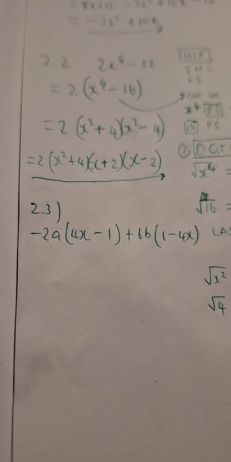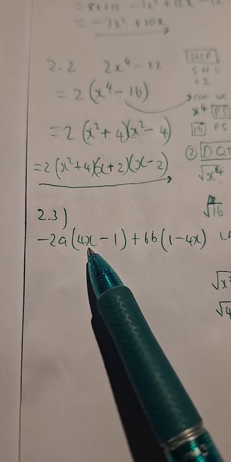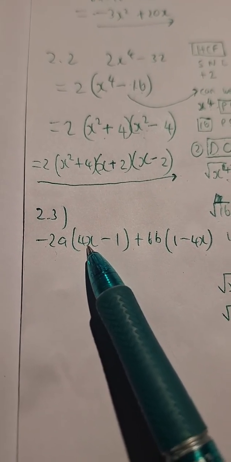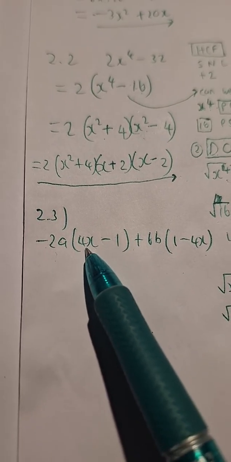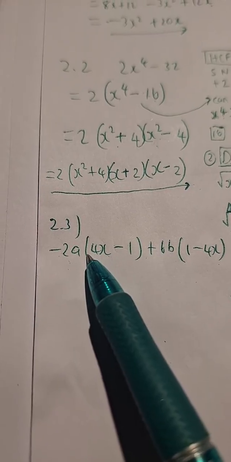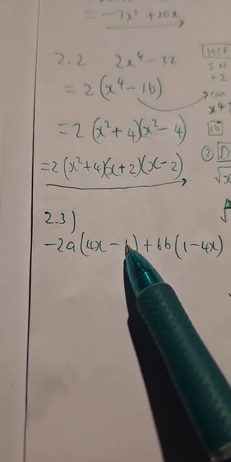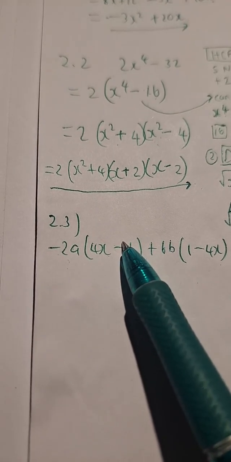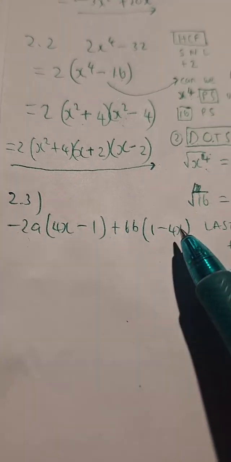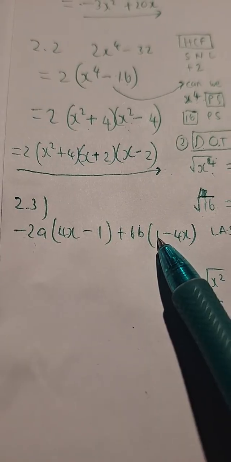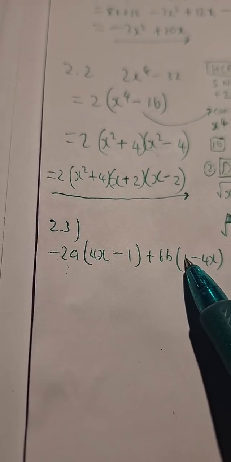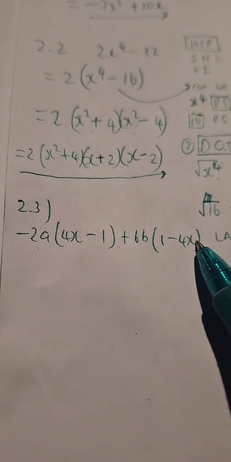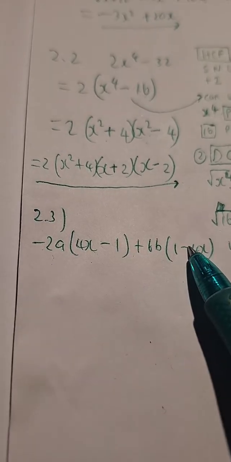Why do we say these 2 brackets are not common? In 4x minus 1, this 4x, you can see, is positive. This 1 is negative. This one, unlike this one, is not negative, but this one is positive. This 4x, unlike this 4x, is what?